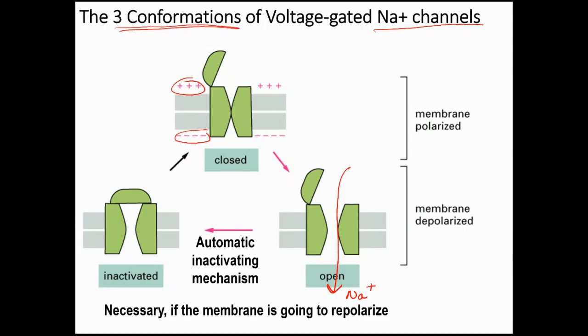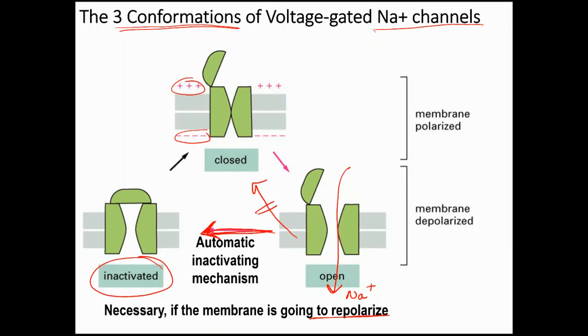And then instead of it just going right back to closed, it moves very interestingly into a third conformation first. It moves to an inactive conformation, one that is closed but is unable to be reopened for a certain period of time. That's going to be necessary if the membrane is going to have an opportunity to repolarize.